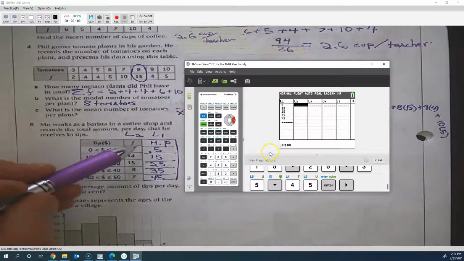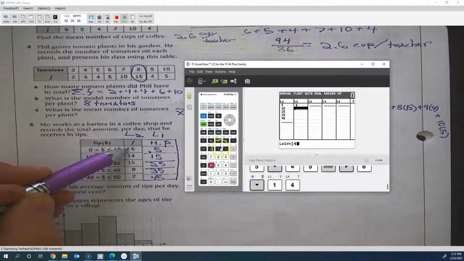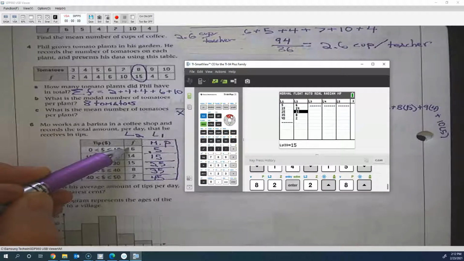And then I'm going to make my frequencies L2. 2, 8, 15, 14, 6. There we go.